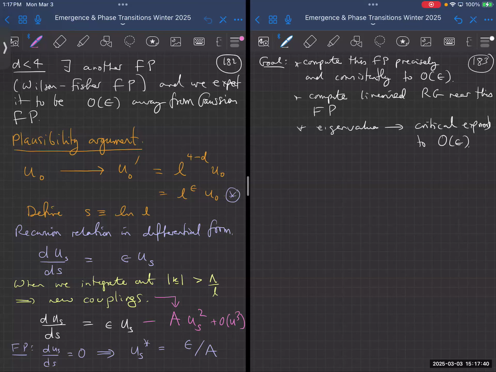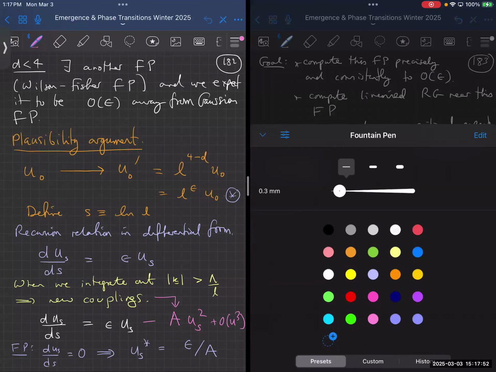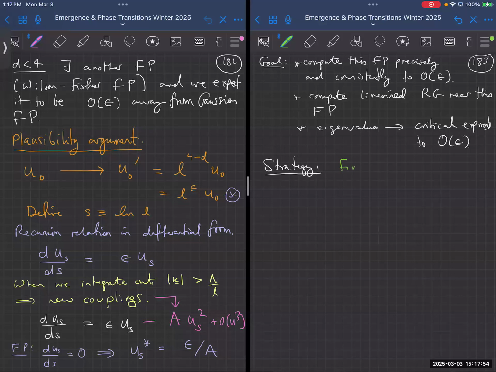Okay, so to get started on that, the first thing I'm going to do is compute the functional integral for the Gaussian model first. So the strategy is going to be first to study the Gaussian model, which we know is okay for d greater than 4, and use that so that we really understand what we mean by functional integration.